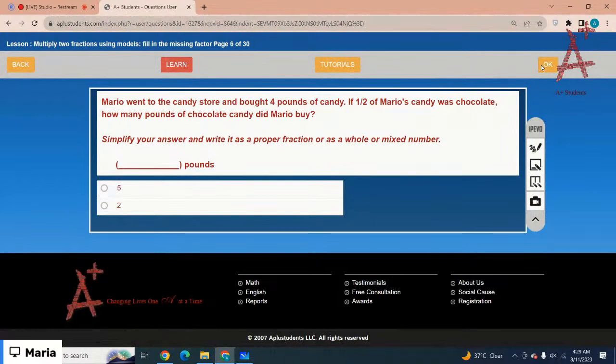Okay, so half of 4 is 2. That means the chocolate candy he bought is just 2 pounds, right? Very good.